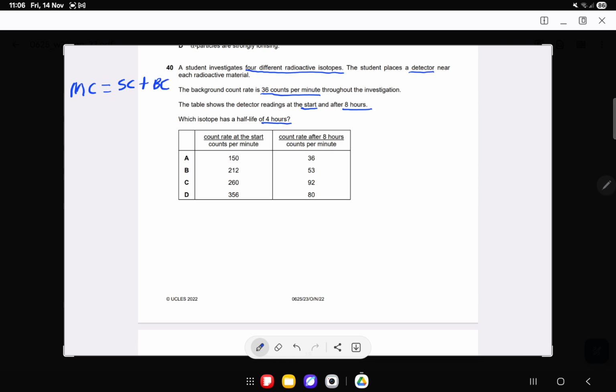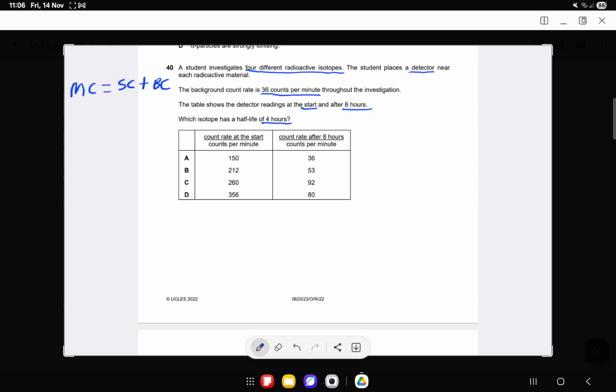Okay, so this is the first relation that I need to be aware of. The measured count rate is basically what is being recorded on the detector, because when the detector is recording, obviously the background is also part of it. So the measured count rate should be noted. So this is the relation.